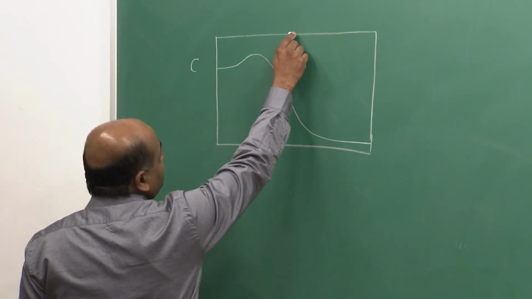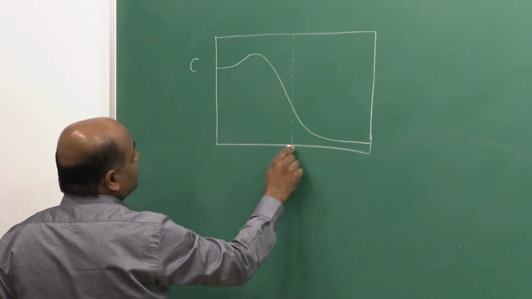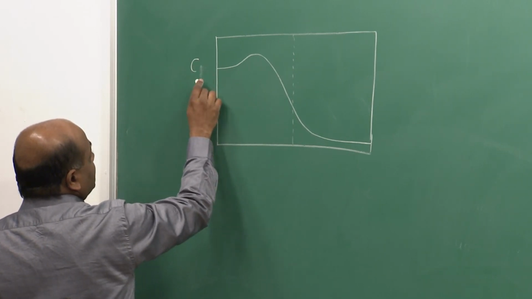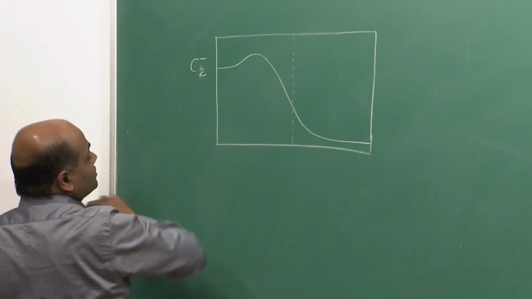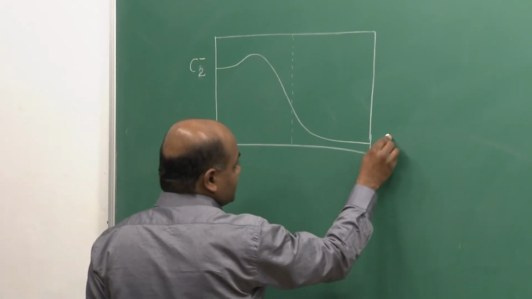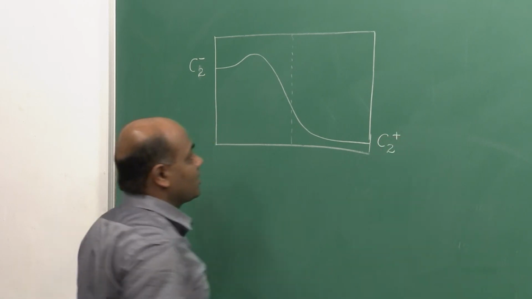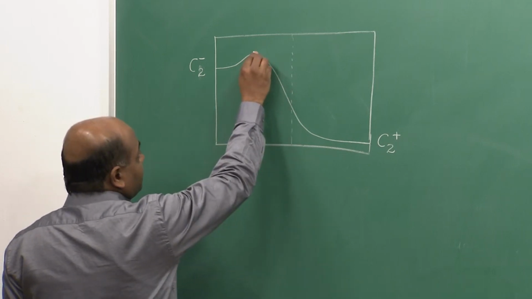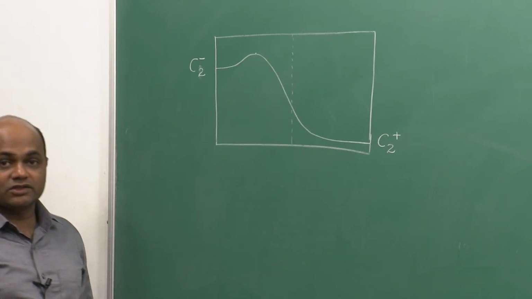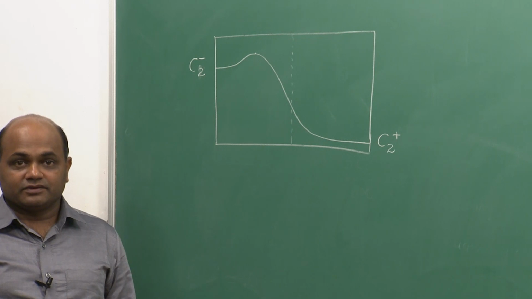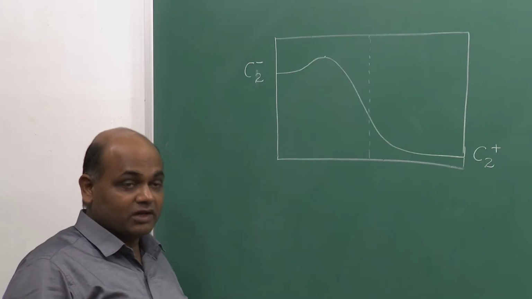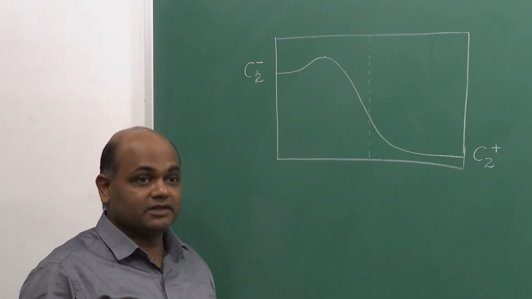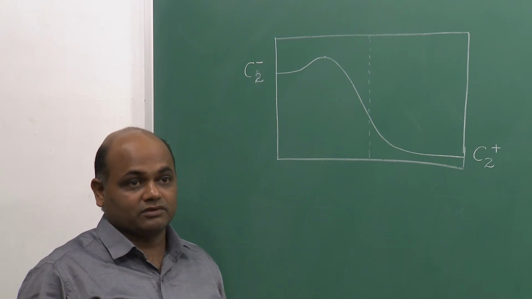So, let us say this is an infinite diffusion couple, let us say this is component 2. So, C2 minus is the left terminal alloy concentration, C2 plus is the right terminal alloy concentration, and this peak is of interest. Why? Because we can get at least a couple of interdiffusion coefficients in ternary system out of 4.